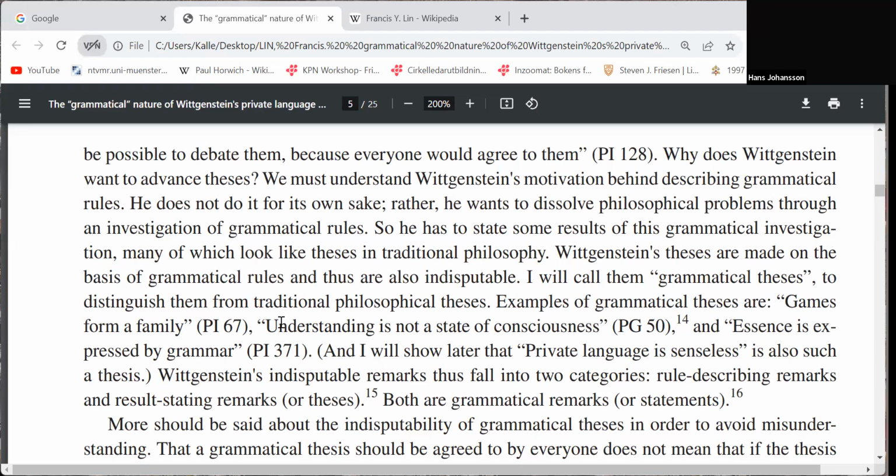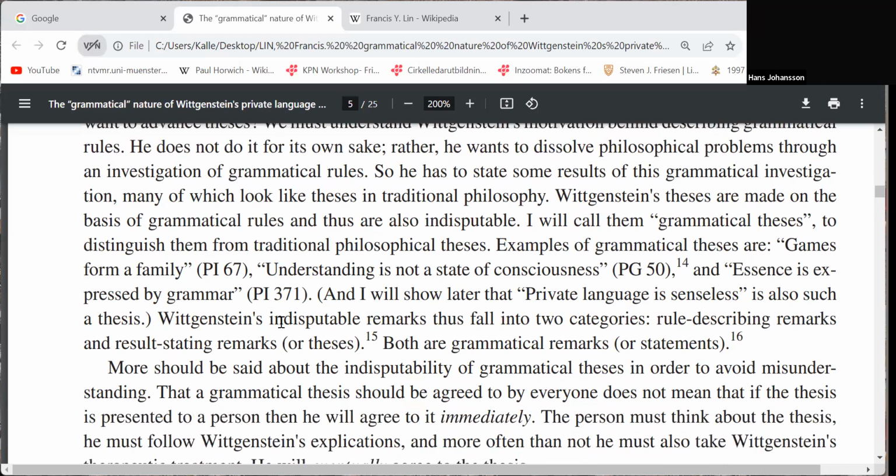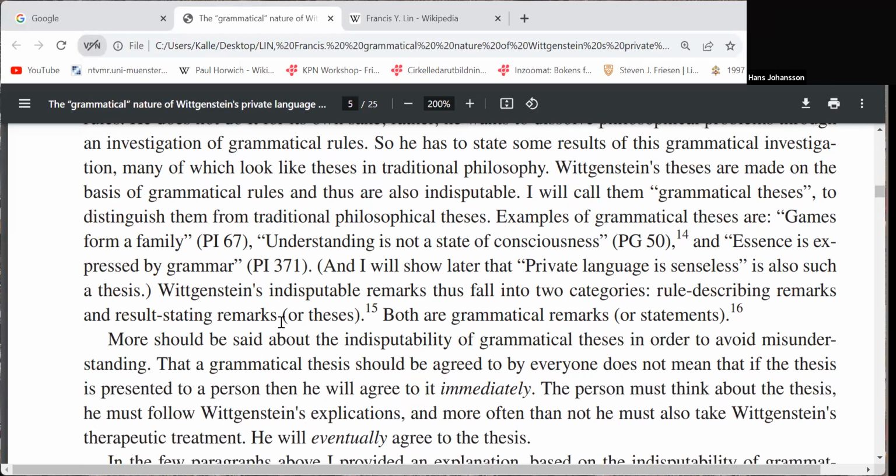Rather, he wants to dissolve philosophical problems through an investigation of grammatical rules. So he has to state some results of this grammatical investigation, many of which look like theses in traditional philosophy.